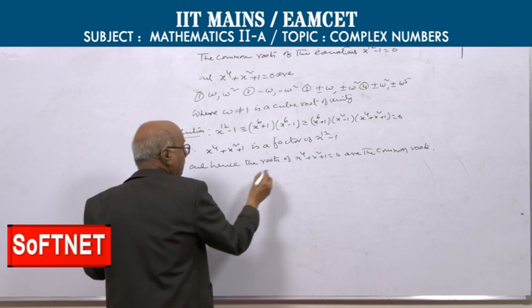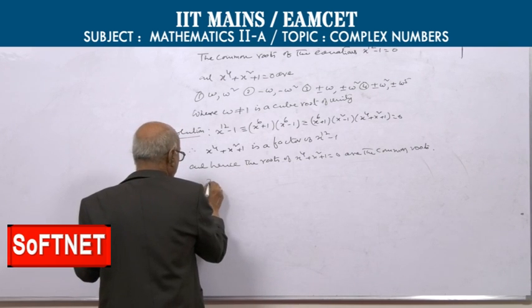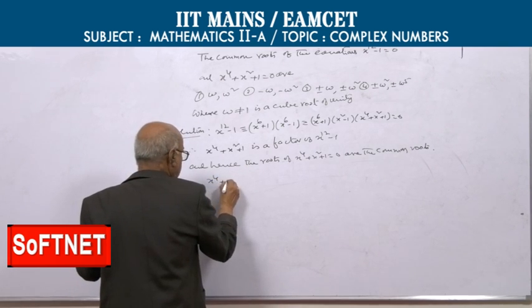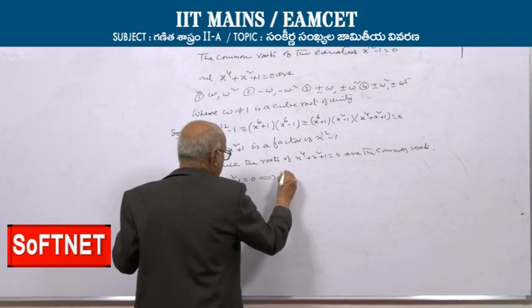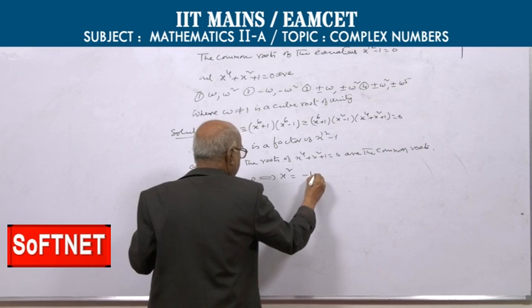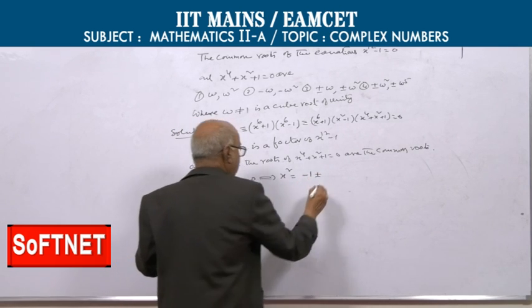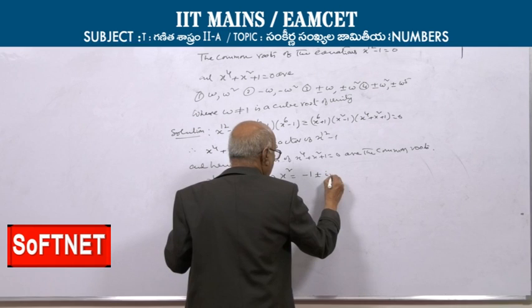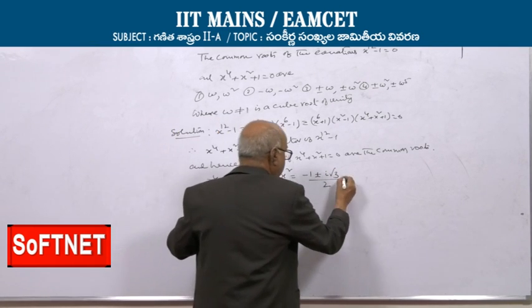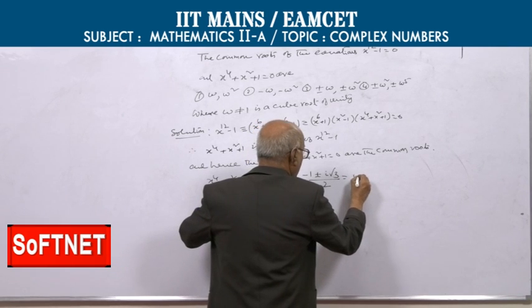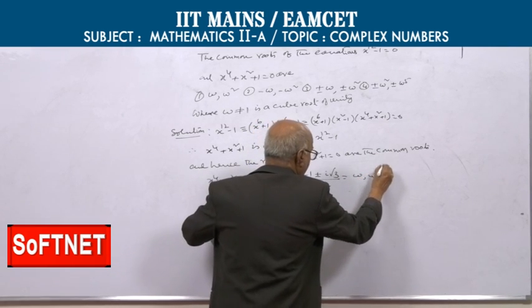So now x power 4 plus x square plus 1 equal to 0 implies x square is equal to minus 1 plus or minus i root 3 by 2, and these are nothing but omega and omega square.